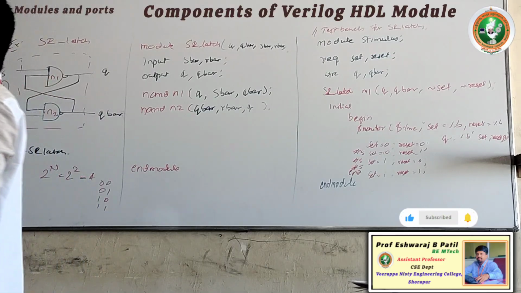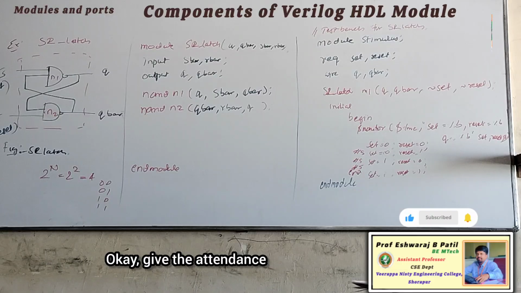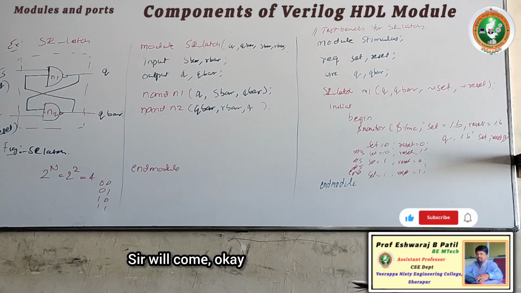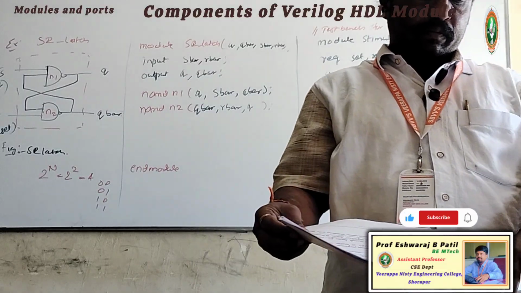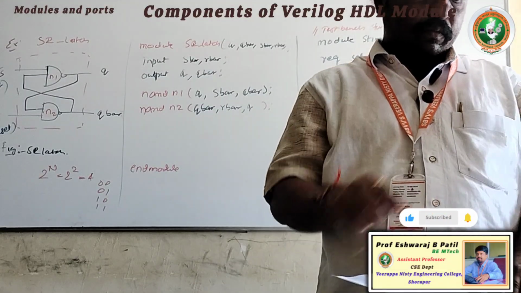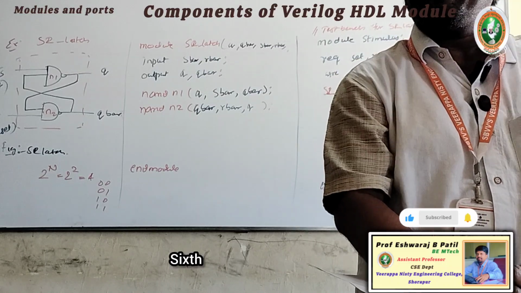Okay, time is up. Okay, give the attendance. Sir will come. Okay, our HOD sir will come. Don't go anywhere. Today's date is what? 6.